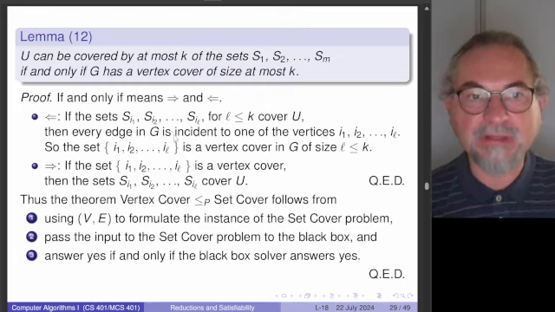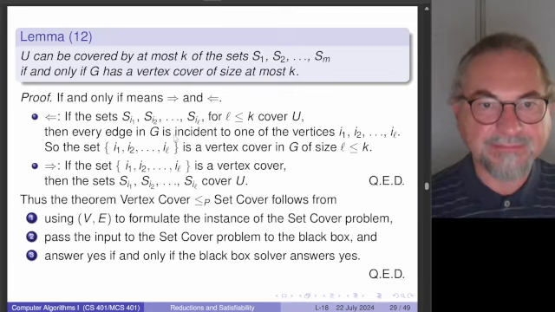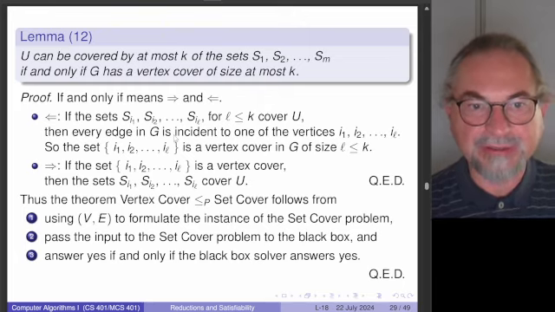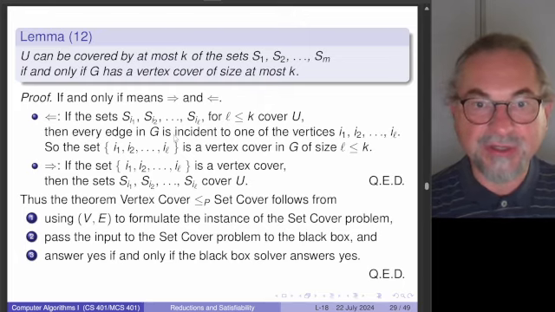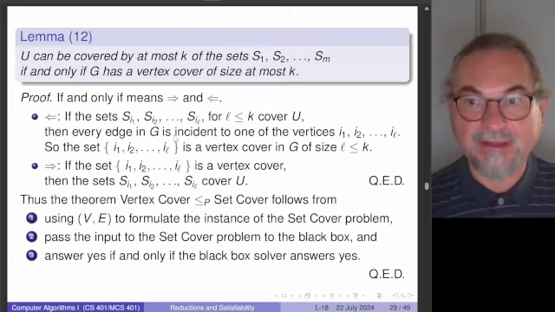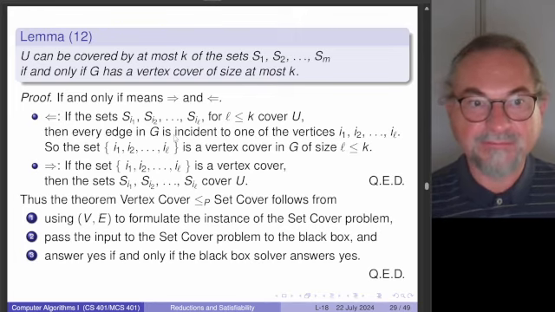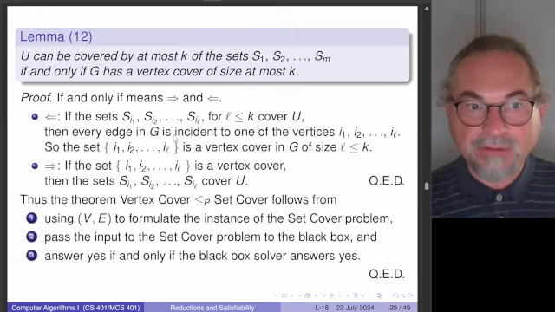So this formalizes this here. We have the sets. If they cover, then it means that in these sets every edge is incident to these vertices. So you can essentially read off what the vertex cover is. You can take the intersection of all the edges, for example, and that gives you the vertex cover.